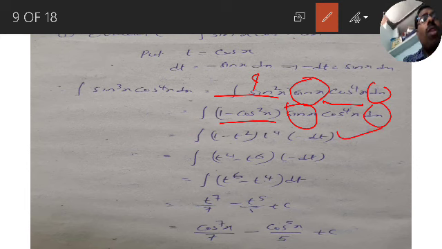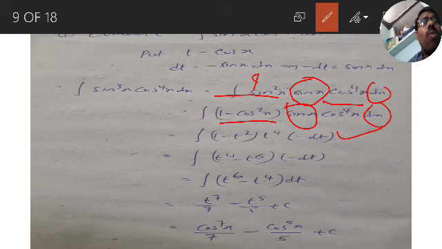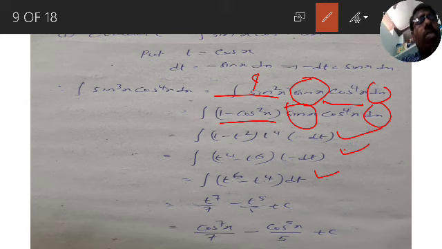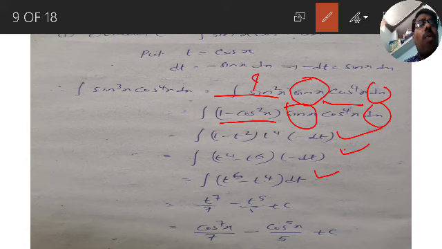Integration of 1 minus t square into t power of 4 into minus dt, that is t power of 4 minus t power of 6 into minus dt. Multiply with minus, plus becomes minus and minus becomes plus. Therefore integration of t power of 6 minus t power of 4 into dt.